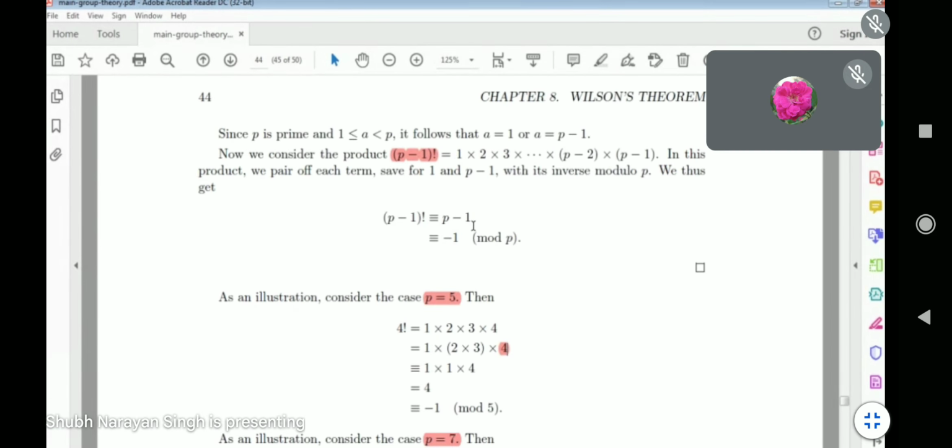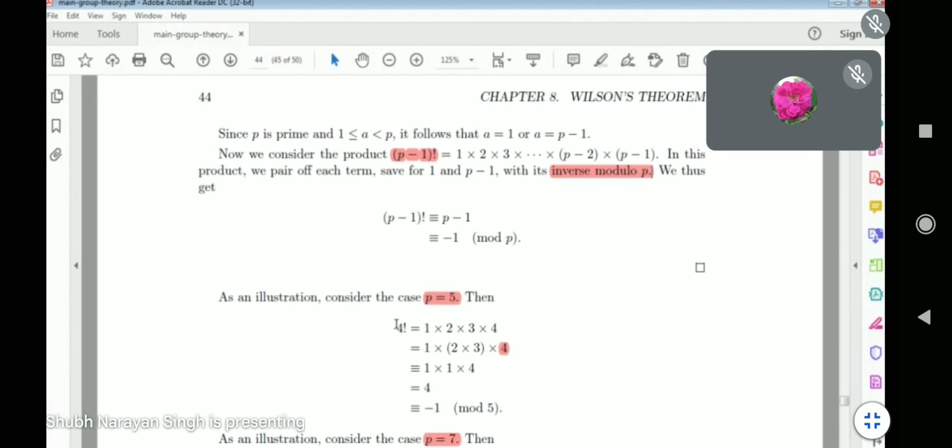So I did the same thing in the proof part. I consider this product, p minus 1 factorial, and this is nothing but this one, and pair each term with its inverse modulo p. Every element has to be paired with its inverse.